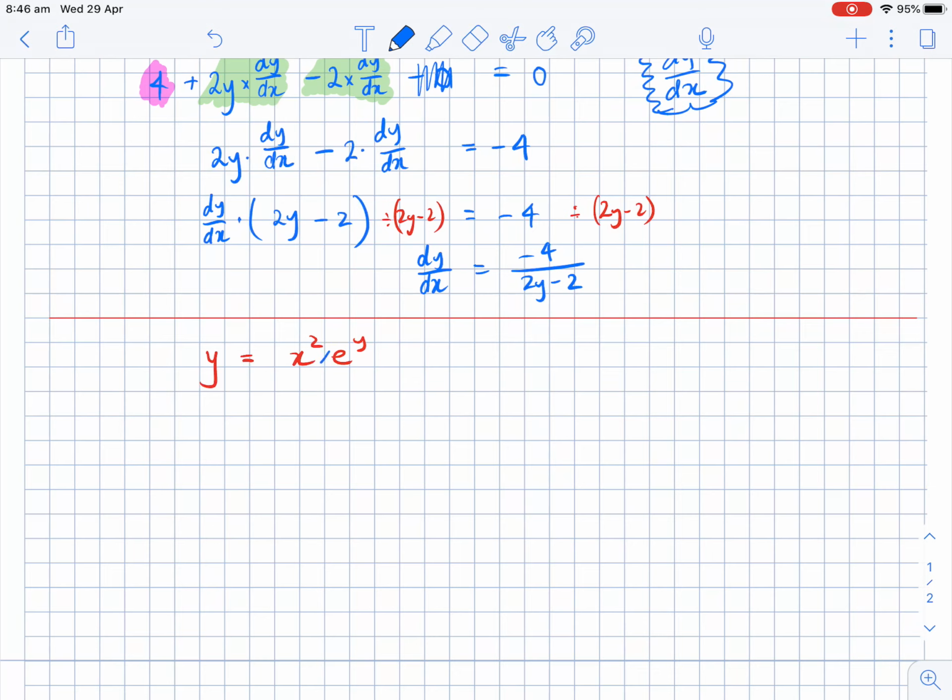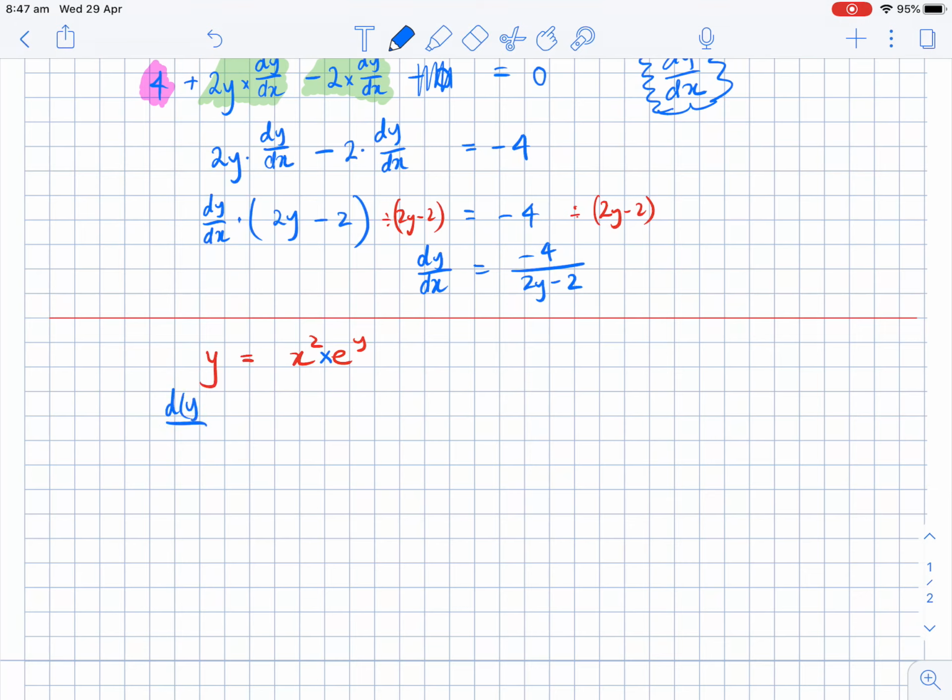But what I also need to remember is in between these two parts here is a little sneaky times sign that I don't write in there. So this is actually a product rule problem, because I am differentiating two functions that are being multiplied together. So let's have a little bit more of a look at that.